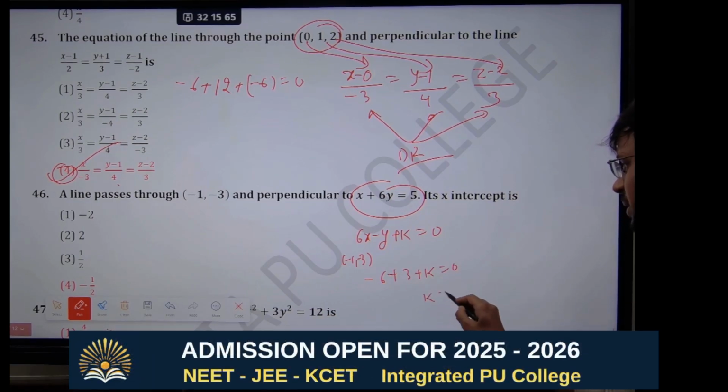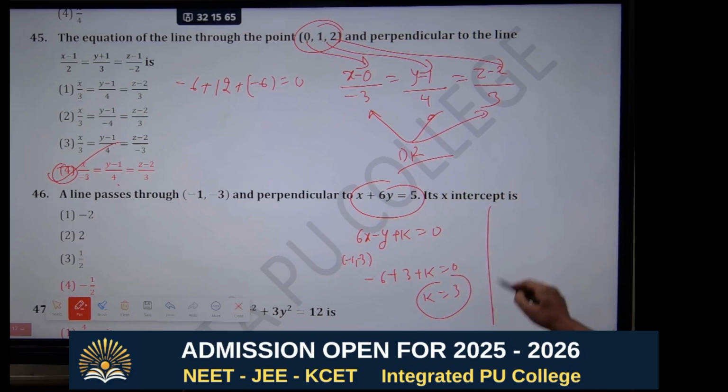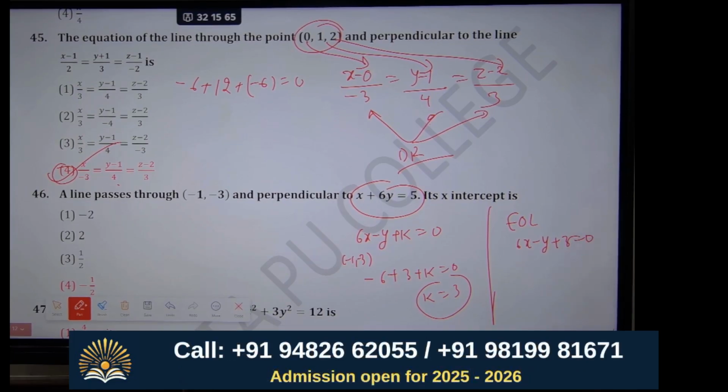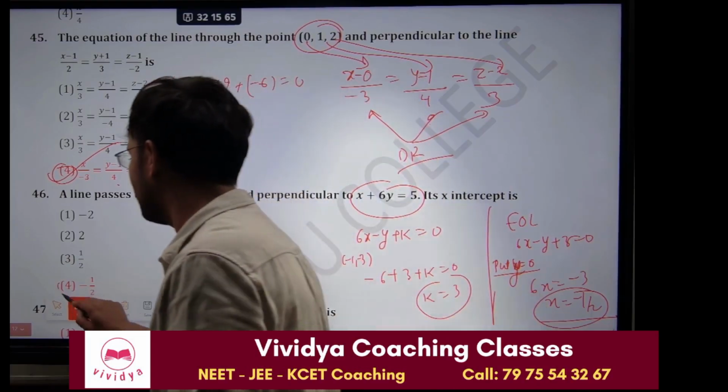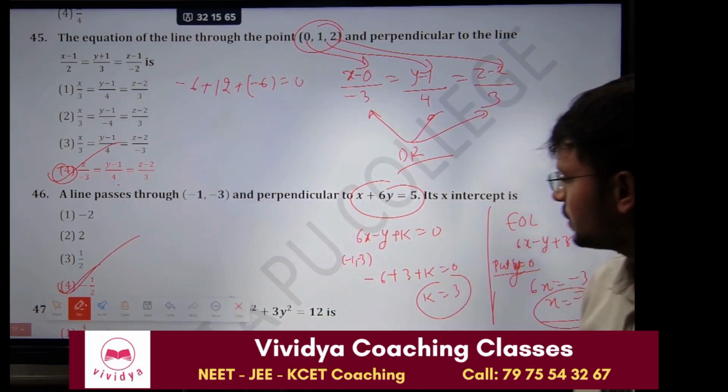So k is coming 9. So the equation of the line will be 6x minus y plus 9 equal to 0. What we have to find? X intercept. To find x intercept, put y equal to 0. Put it, 6x will be minus 3, x will be minus 1 by 2. This is my x intercept. Minus 1 by 2. Easy.